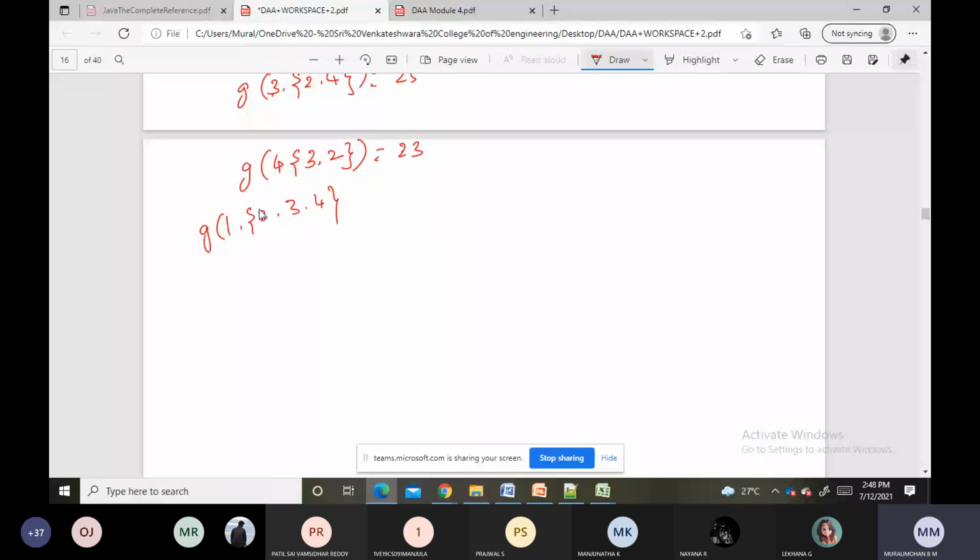So now here you select minimum of, instead of 2 values, now you will get 3 values to compare with the minimum.